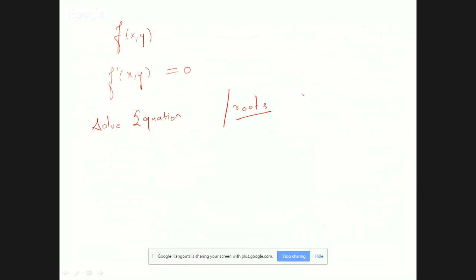Now you find f double dash of x. Let me give this after some time because it may be confusing to you.